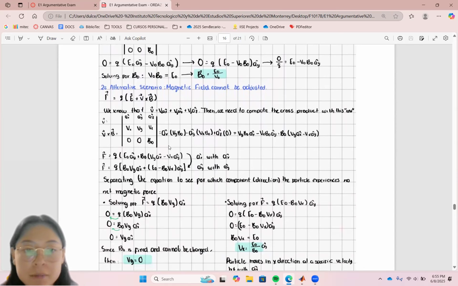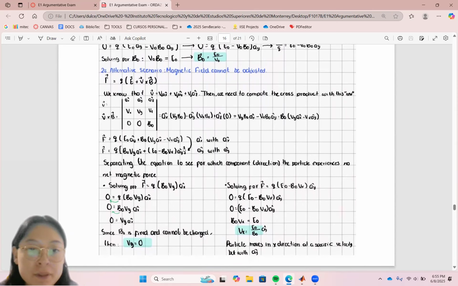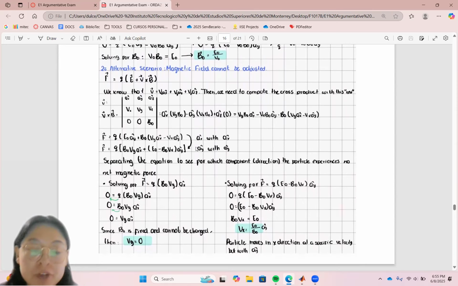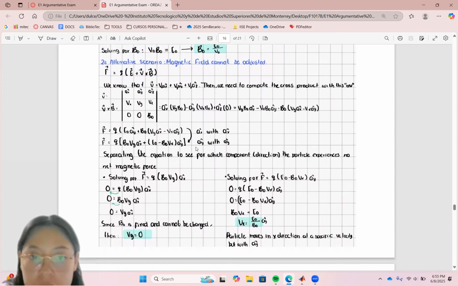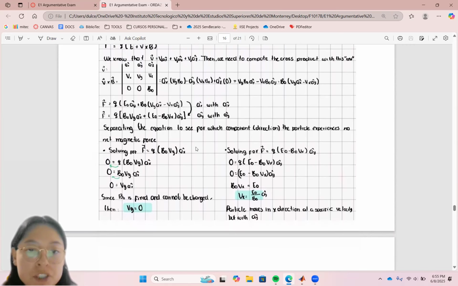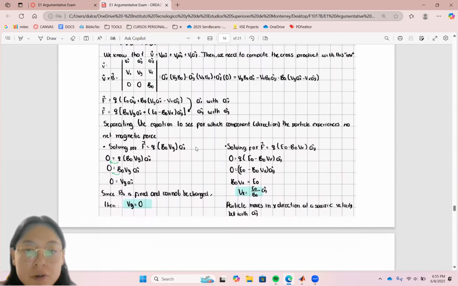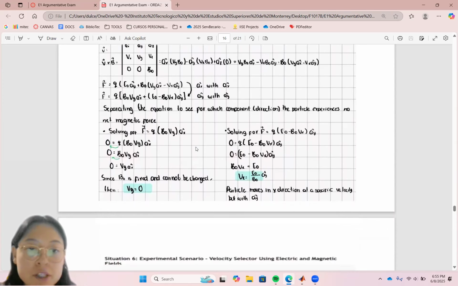And I simply replace this in the main formula, and I group the terms with unit vector y together and the terms with unit vector x together. And then I separate the equation to see for which components the particle experiences no net magnetic force.